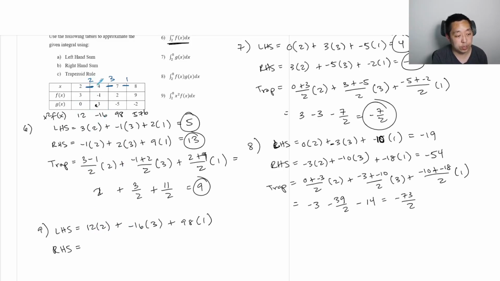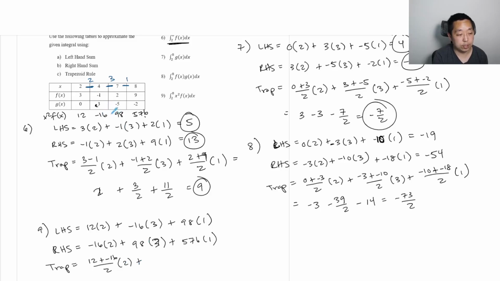So on this interval now, when I'm doing the right-hand sum, I pick the right point. And then I'm going to pick the right point on this interval. The right point would be the 98, times 3. And then the right endpoint here is going to be 576 times 1. And then when you do trapezoid rule, you're just going to average the left and the right times the interval width.